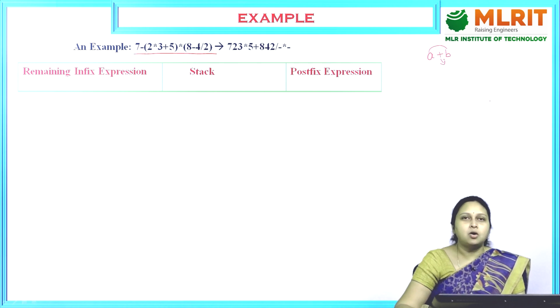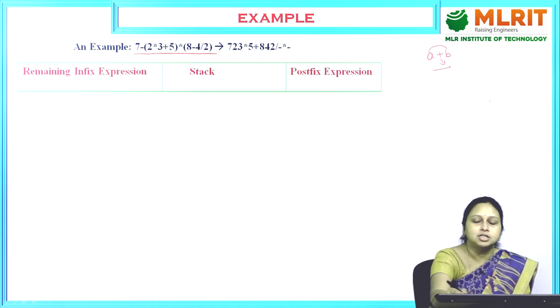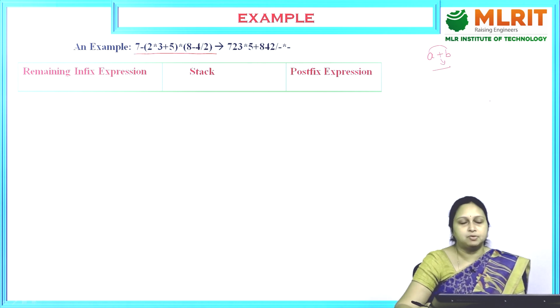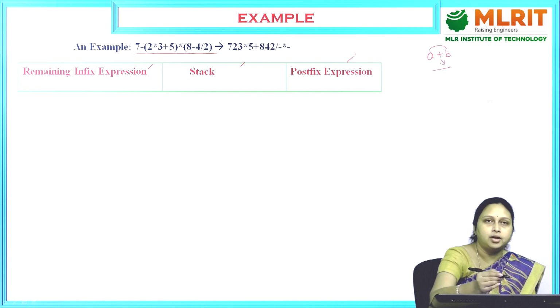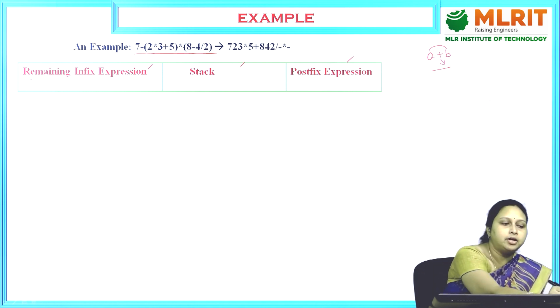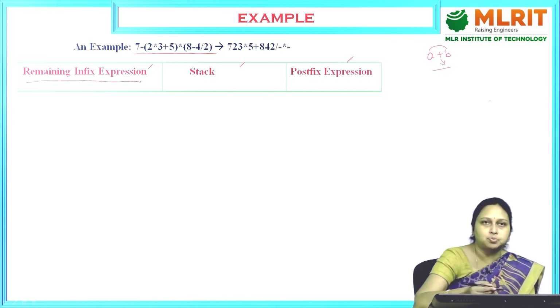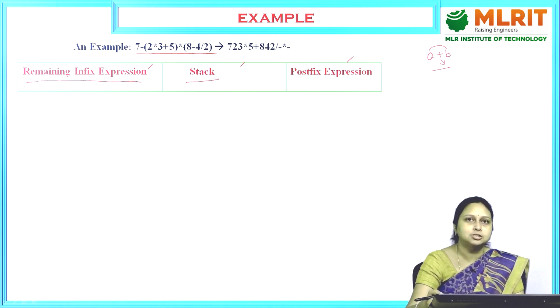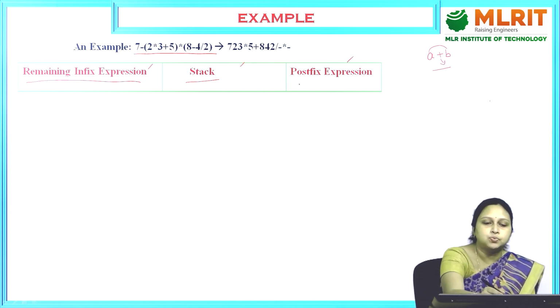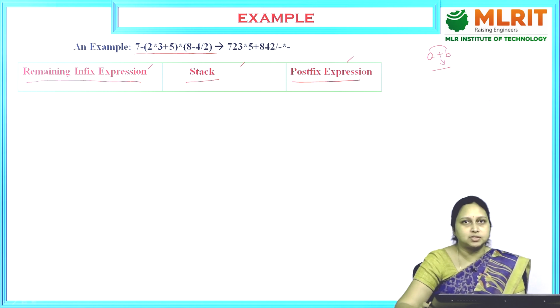Now, how to convert the given infix expression to postfix expression? For that, we are going to consider three columns here. Here we represent the remaining infix expression. In the stack column we push the operators and the parenthesis, and the last column, the resultant one, is the postfix expression.